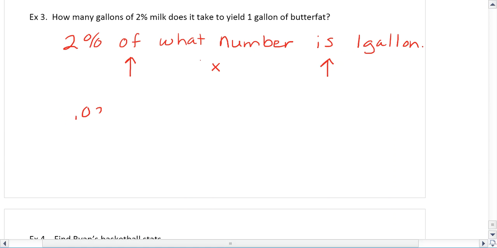It becomes 0.02 times x is equal to 1 gallon. To solve this, we divide both sides by 0.02, and we get that x is 50. So the answer: it would take 50 gallons of 2% milk to get 1 gallon of butterfat.